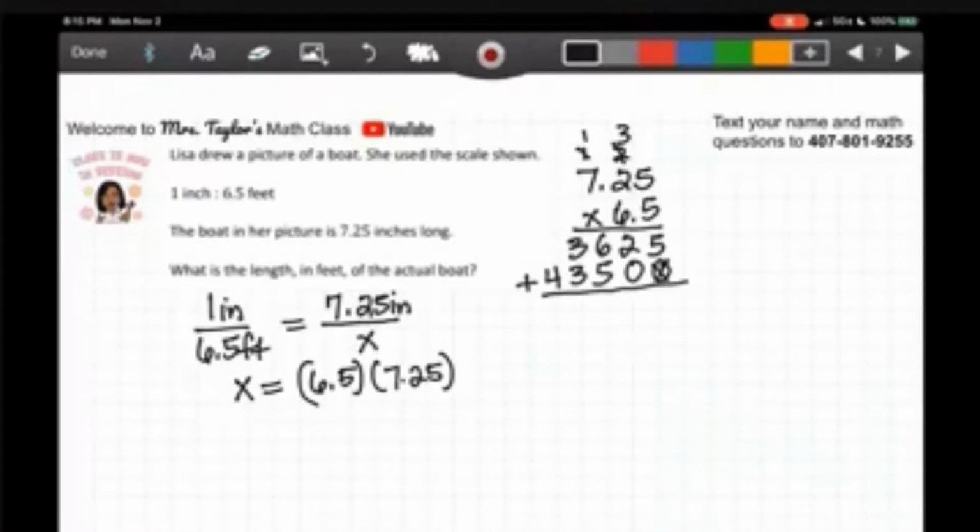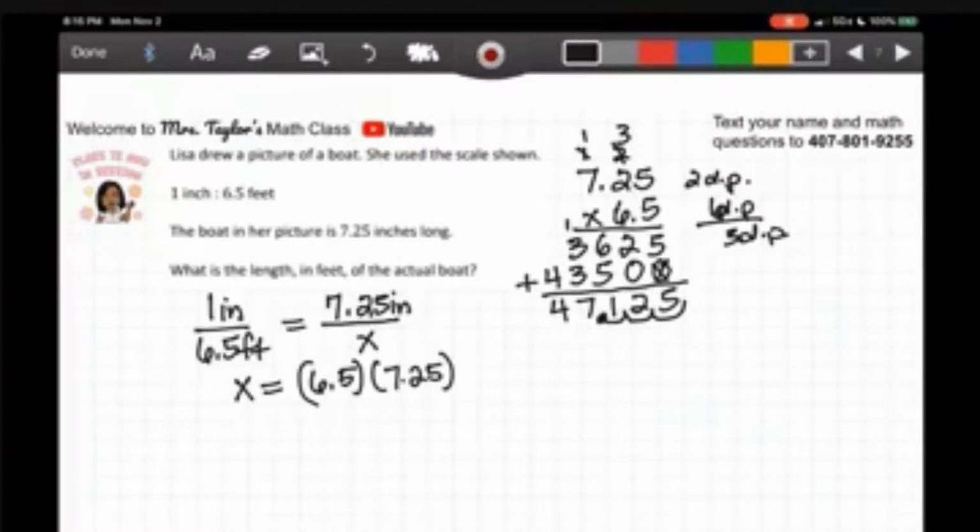So let's add this together. We have 5, 2, 11, 7, and 4. And this is 2 decimal places, this is 1 decimal place, which makes for a total of 3 decimal places. So I need to go 1, 2, 3.